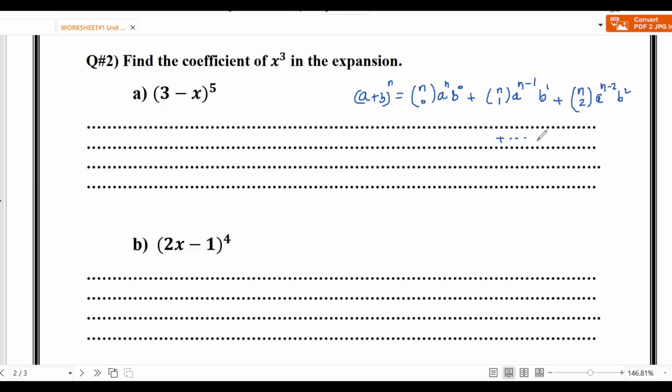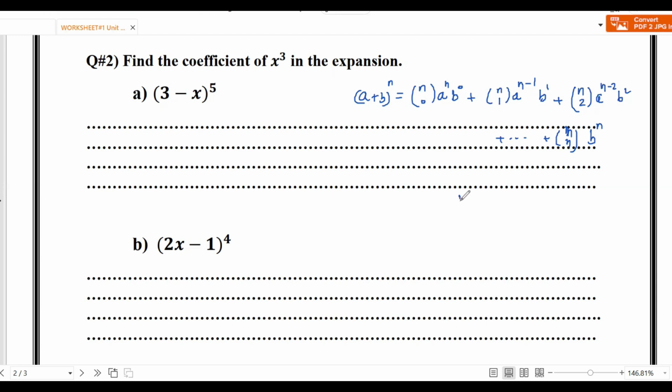And if you want to write the last one, it would be n choose n. Remember, n choose 0 and n choose n give us one answer. And here, of course, a becomes 0, and we will find b power n.